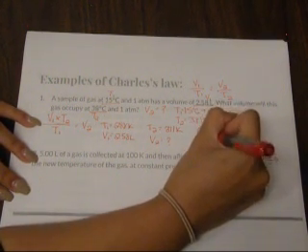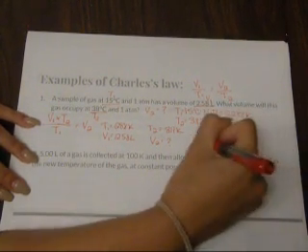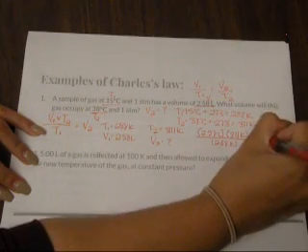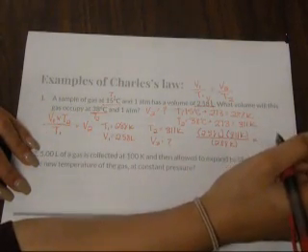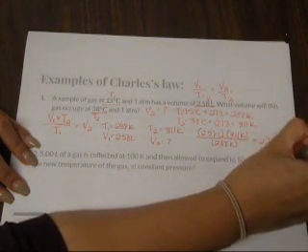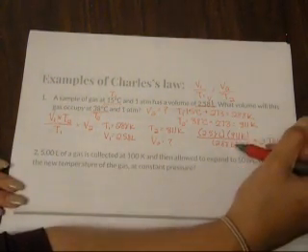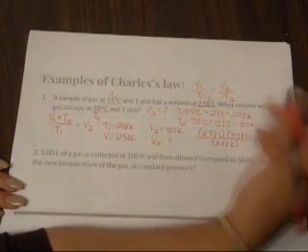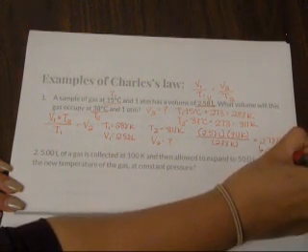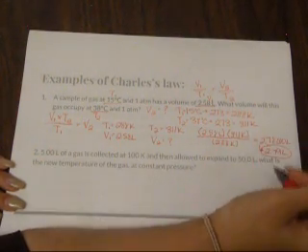So, V1, 2.58 liters, times T2, 311 K, all over T1, which is 288 K. This will equal 2.7860 liters, but we need to round for sig figs, and our sig figs will need to be 3, so we will round to 2.79 liters, and that is the value for V2.